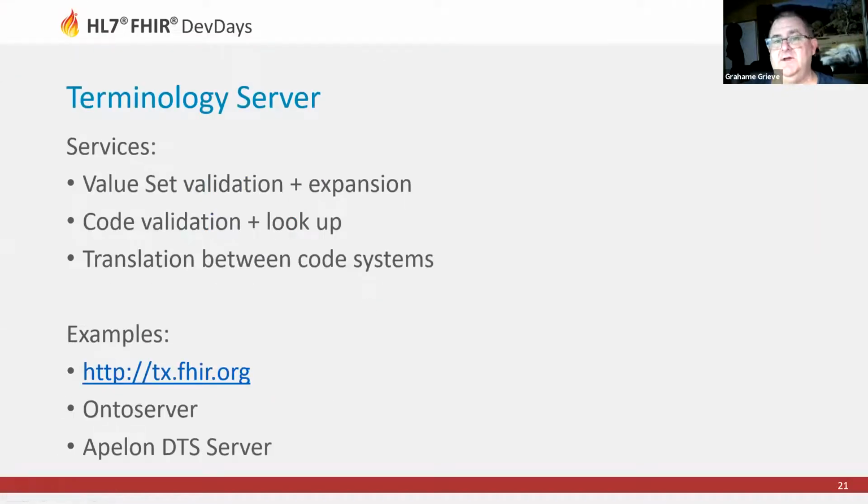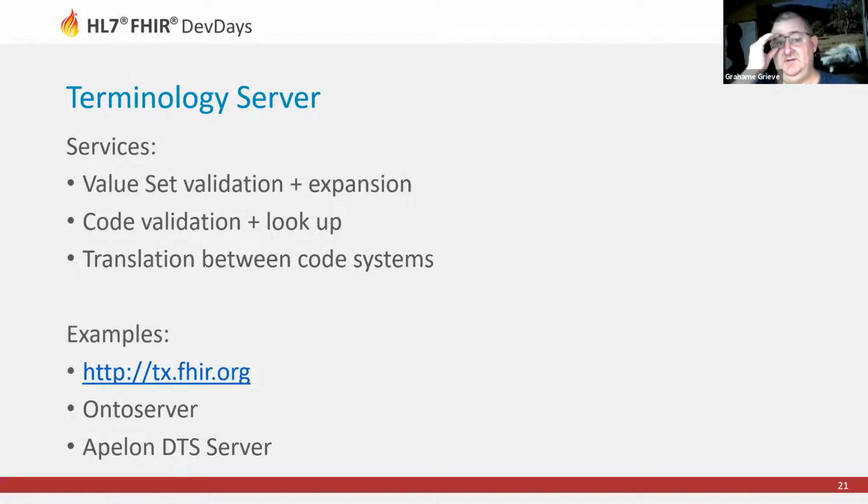You can get a terminology server that performs value set validation, expansion, code validation, lookup, and translations. I think if you are developing an application, you are nuts not to use a terminology server. It just saves you so much work and offloads a bunch of specialist problems to specialist software. And increasingly, there's national terminology services agreements and software.